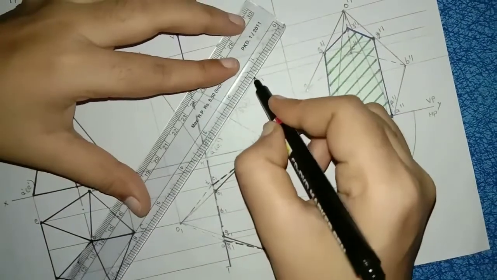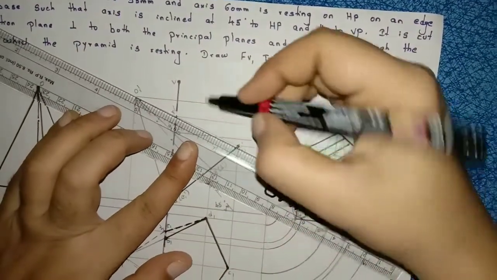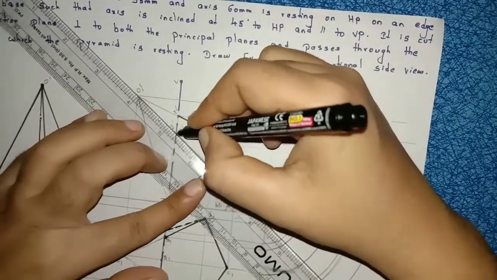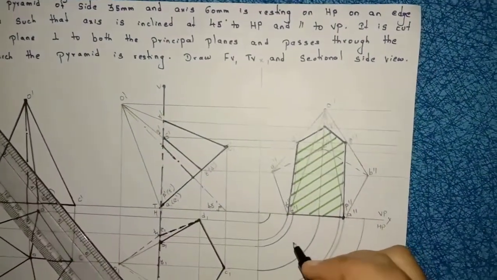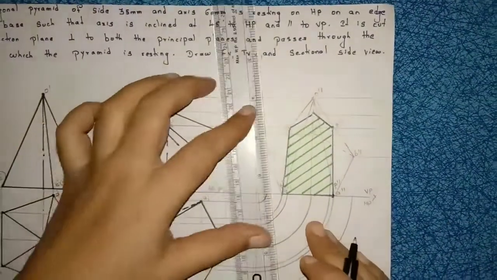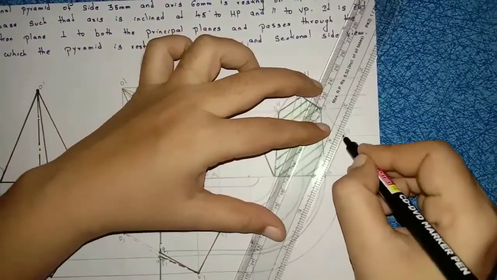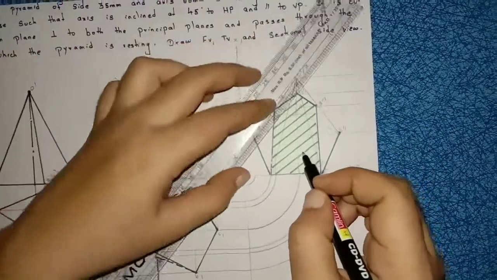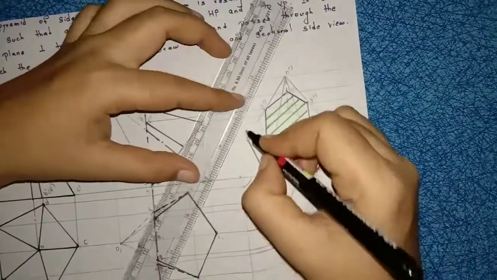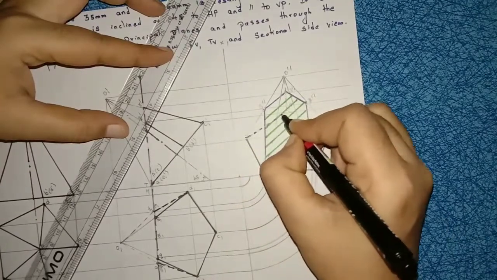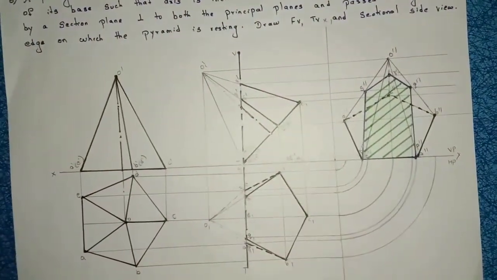Right, and this portion should be dark here. Right, and after that this pentagon. Right, so this completes your problem.